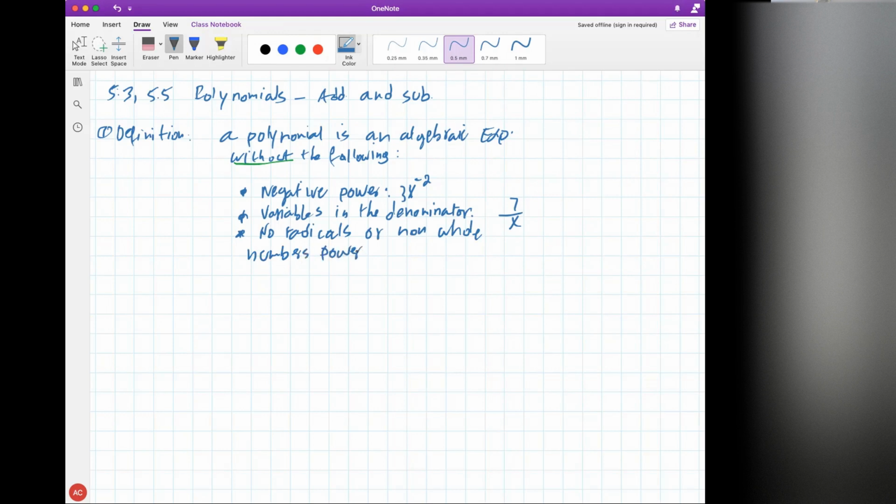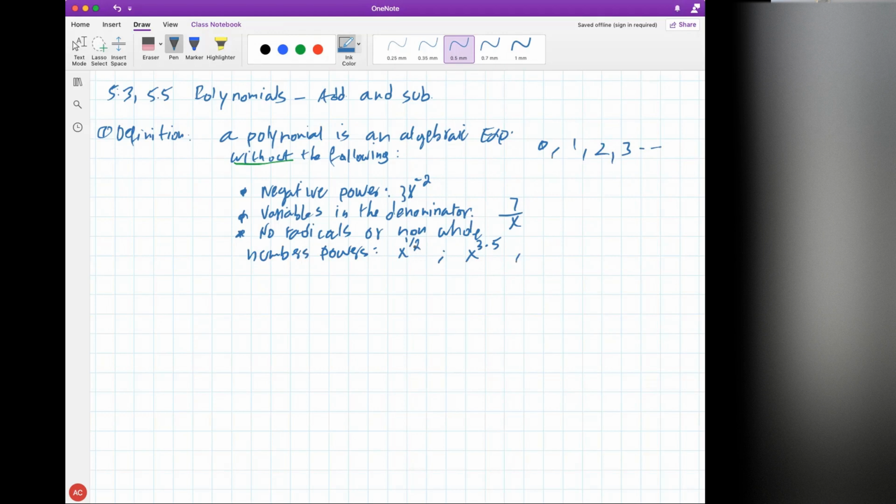Which means, again, you cannot have, for example, a power like 1 over 2, or a decimal power. These are not whole numbers. So the powers can only be 0, 1, 2, 3, and so on. That's it. No negatives, no fractions.